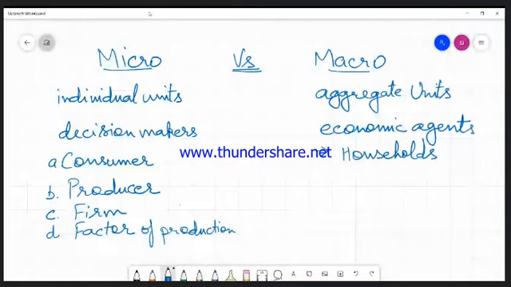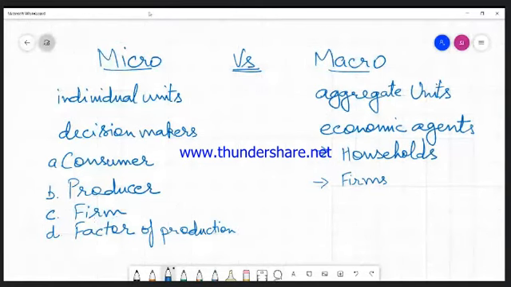Producers can be firms. Now here it is a group. In this case it was an individual unit. This was an individual unit, but in the macro case it is a group of firms.